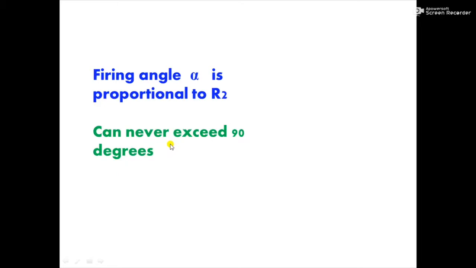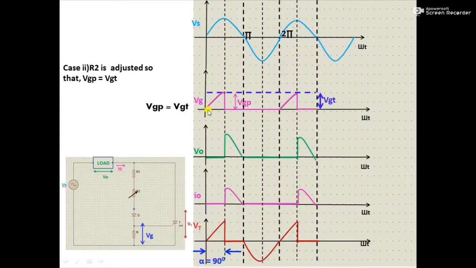When I say alpha can never exceed 90 degrees, what I mean is, even in the time period which is greater than 90 degrees, whether the VG voltage is falling down or rising up, VGP will never be equal to VGT.